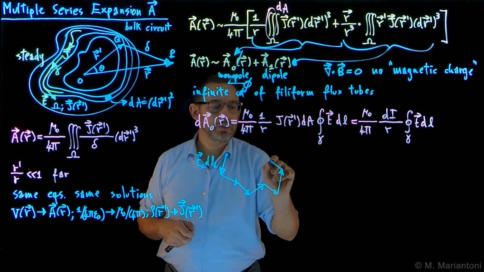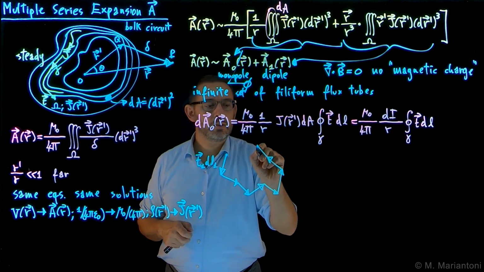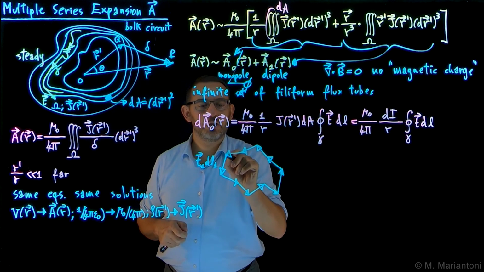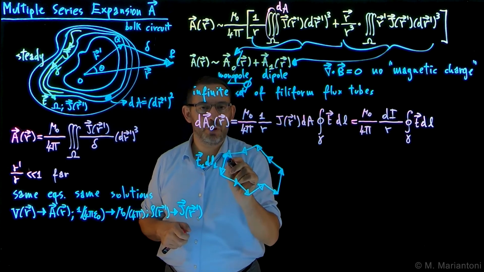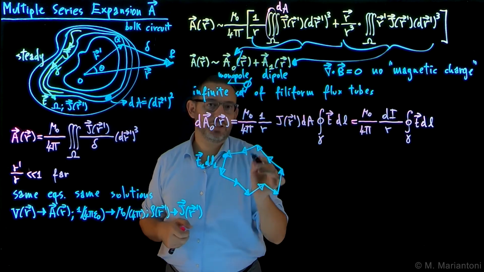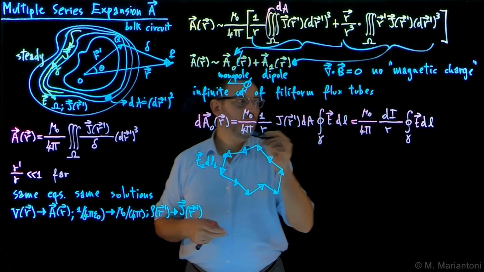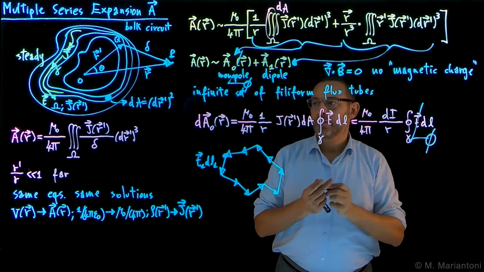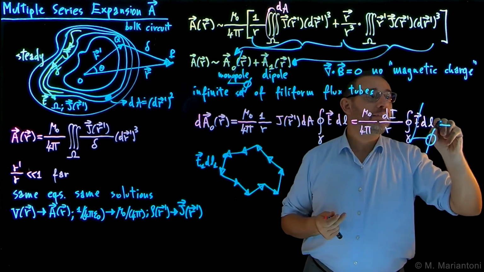Eventually, all these vectors need to come back to the original point. So I start from this point and end up at this point. If I do the rule of summation of these vectors, consecutive vectors in a closed loop, what is the result of that? Clearly 0. Therefore, the result of this integral is clearly 0.